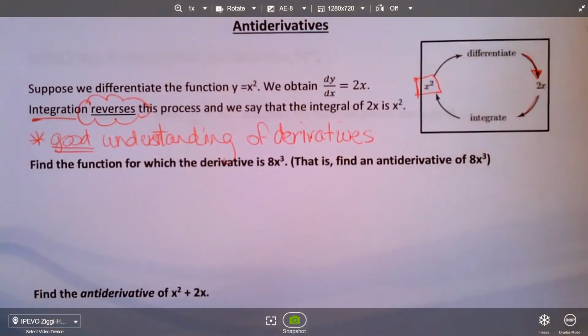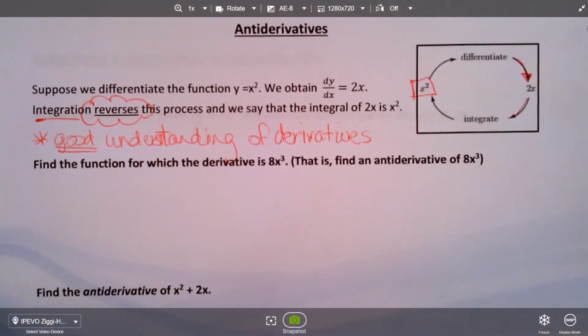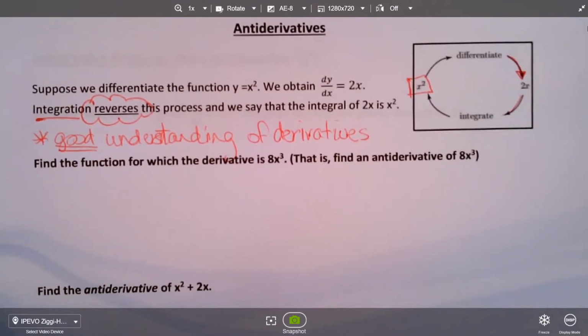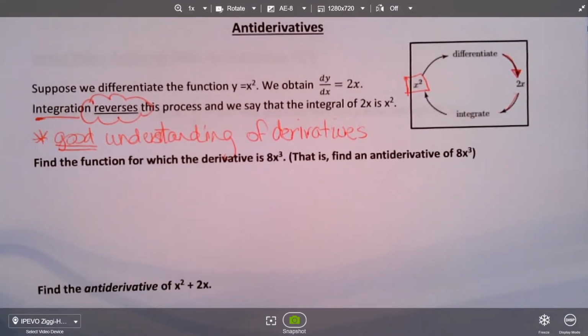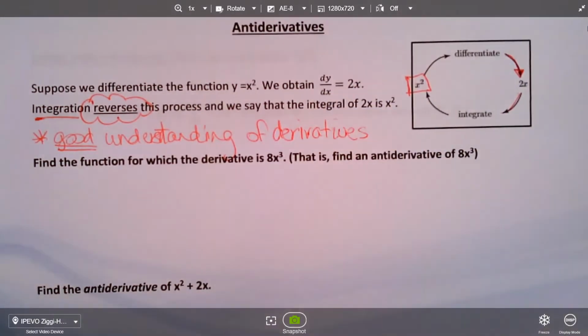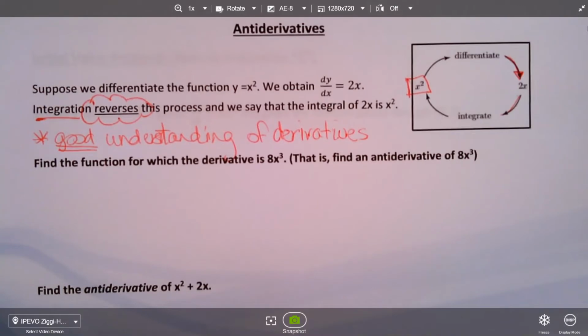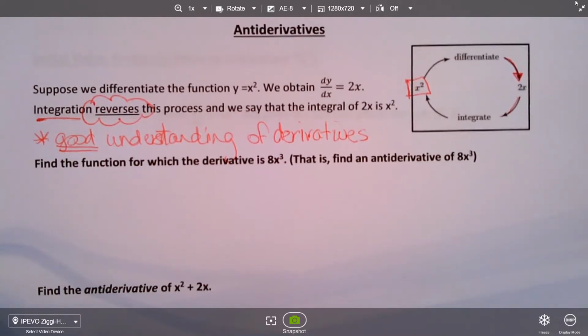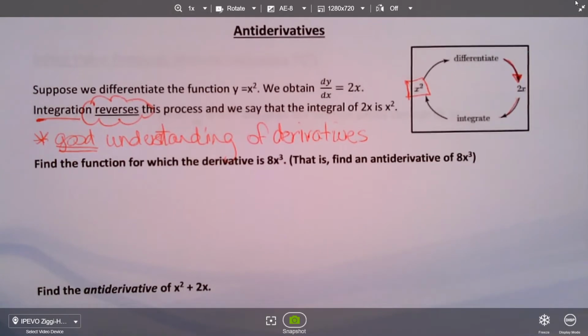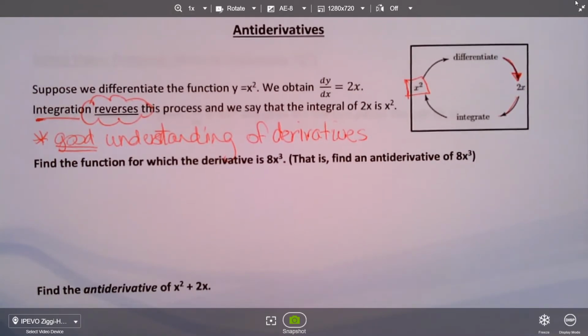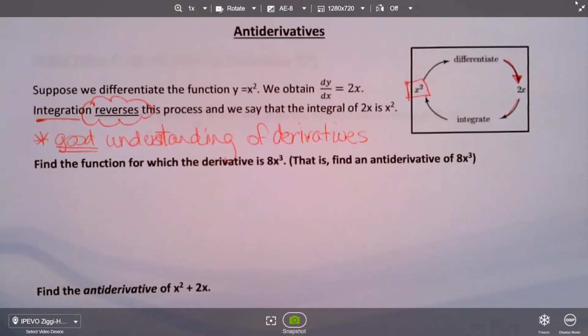If this process is a reverse process of derivatives and we don't know derivatives, that's going to make this much more difficult, right? So make sure you have a good understanding of derivatives, what we mean when we say dy, dx, what that means, how I'm finding derivatives. Because now that we're going to do the process in reverse, again, it's more difficult to understand why if we don't know what derivatives are. So go back if you need to. Hopefully you don't need to. You've got it remembered from last couple weeks. But like I said, if you need to, go back and have a look and make sure you remember what derivatives are.